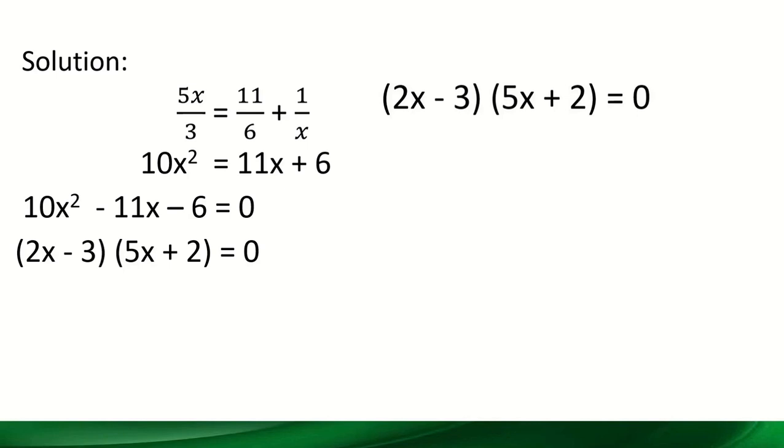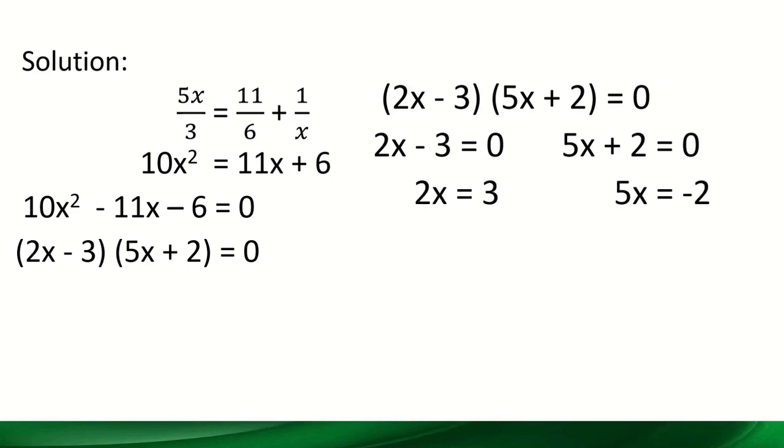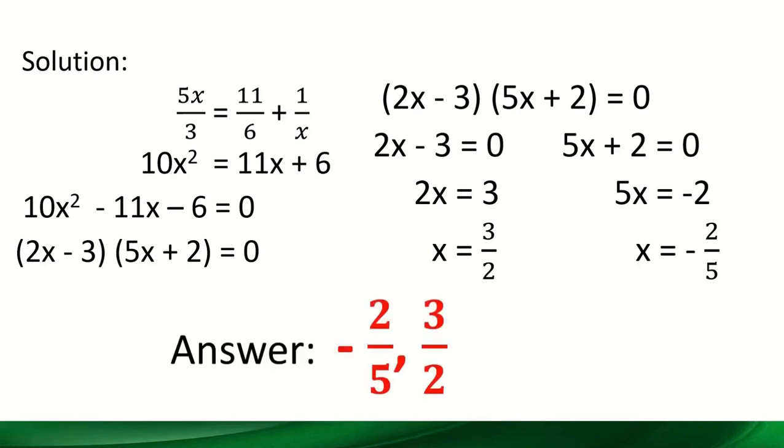Separate the two factors and then equate to 0. 2x minus 3 equals 0 and 5x plus 2 equals 0. And then solve for x. We have 2x equals 3 and 5x equals negative 2. The values of x are x equals 3 over 2 and x equals negative 2 over 5. Now the answers are negative 2 over 5 and 3 over 2.